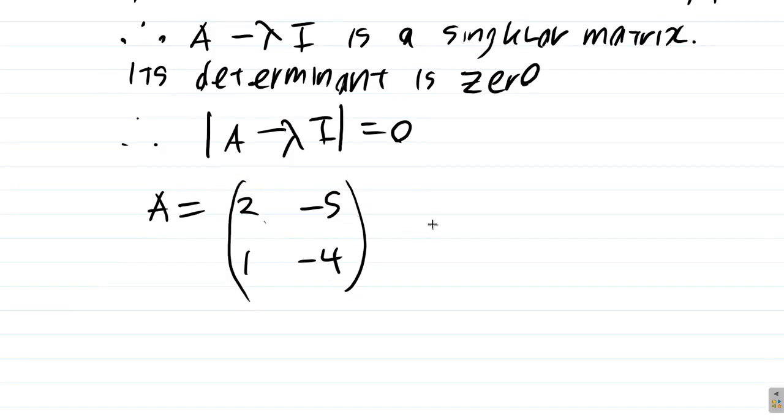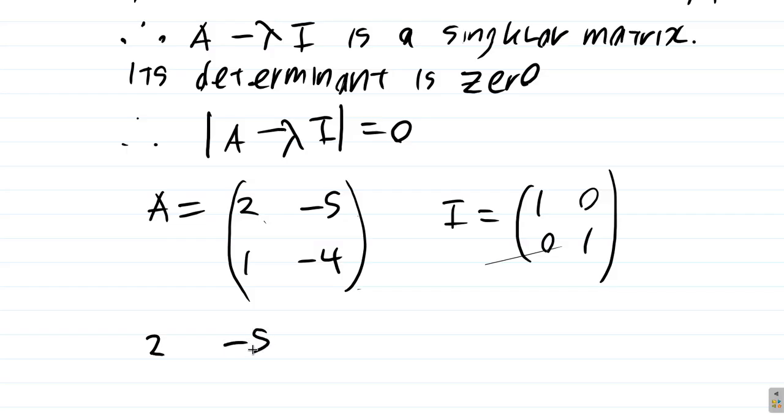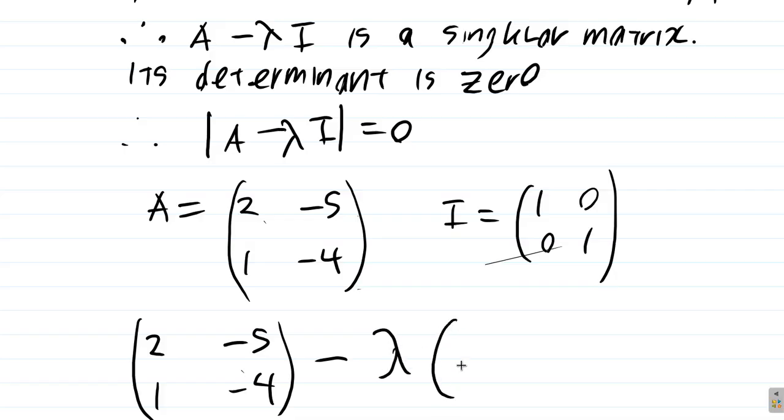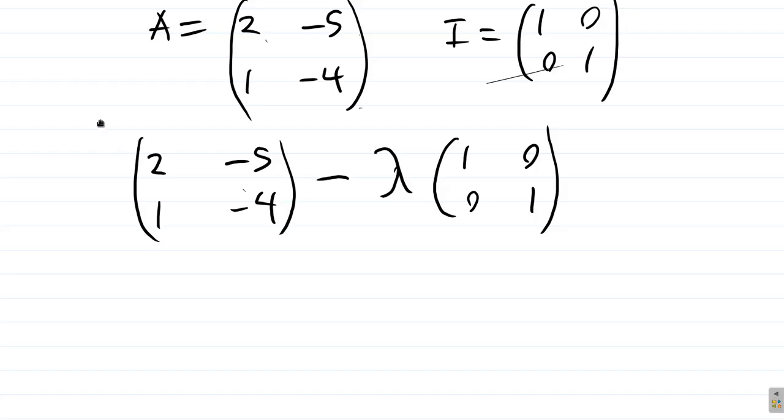That's A, right? Lambda is just lambda. I is equal to 1, 0, 0, 1, the identity matrix. And what you're going to say is that 2, negative 5, 1, negative 4 minus lambda times 1, 0, 0, 1, the determinant of that is equal to 0.